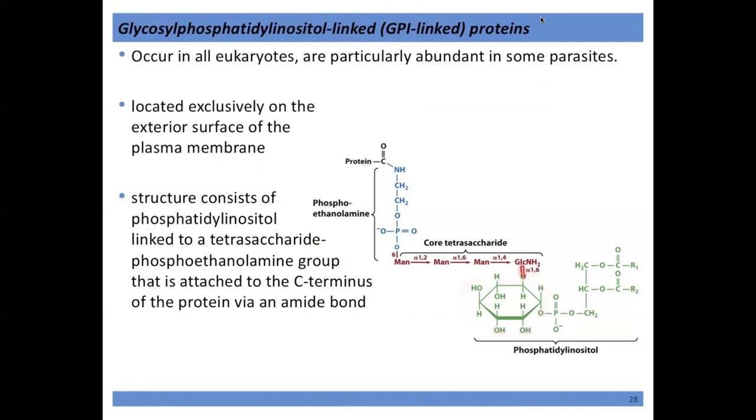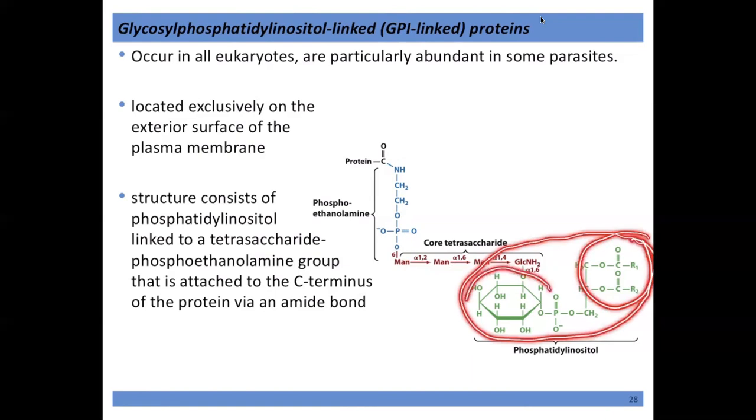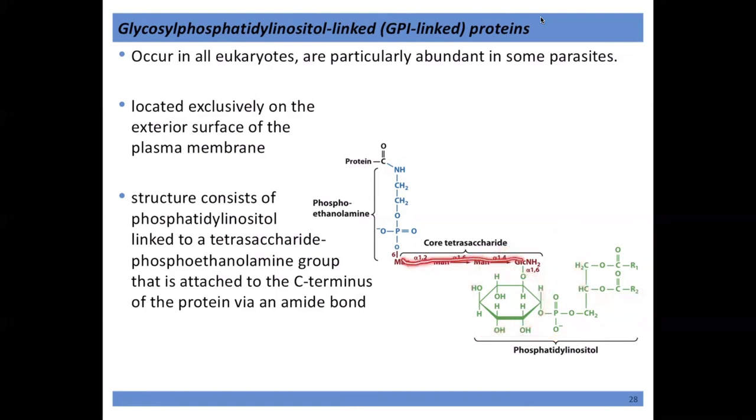And that inositol, you actually have a tetrasaccharide linkage that then connects to another phosphate group, specifically phosphoethanolamine. And then from that nitrogen, you form a covalent attachment to the protein. And again, this is what's embedded in the lipid, and this is the polar head group. So this allows the protein to be extended above the membrane.